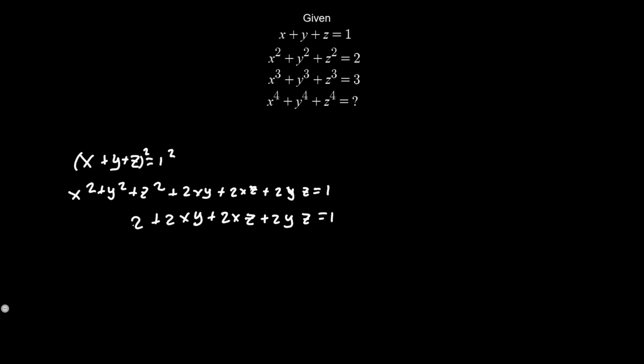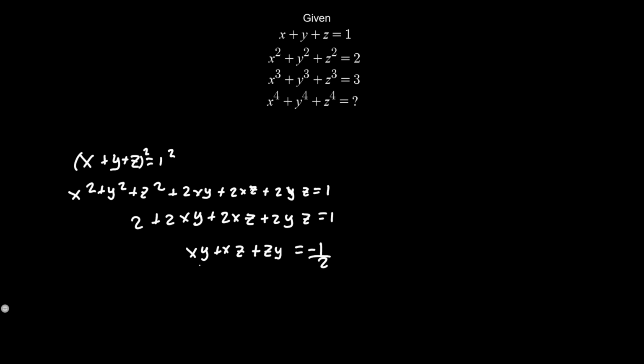Here we could simply subtract 2 from both sides, which will give us 2 times (xy + xz + zy) equal to -1. Dividing everything by 2, we find that the sum of the pairwise products of x, y, and z must be equal to -1/2.